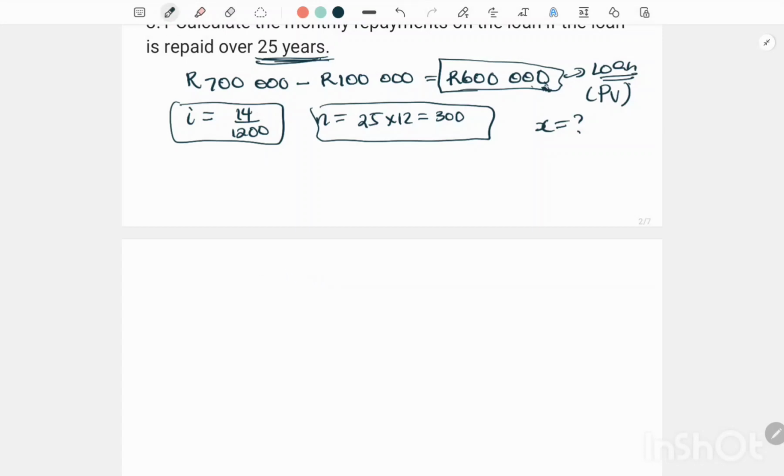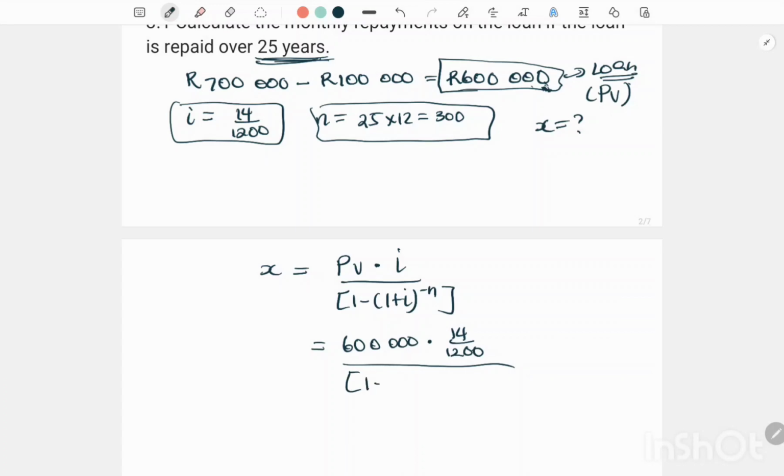X is equal to PV multiplied by I over 1 minus (1 plus I) exponent negative N. Then your PV is 600,000 multiplied by the interest, which is 14 over 1.2, all over 1 minus (1 plus 14 over 1.2) exponent of negative 300. Then you punch in your calculator to get the monthly payment.